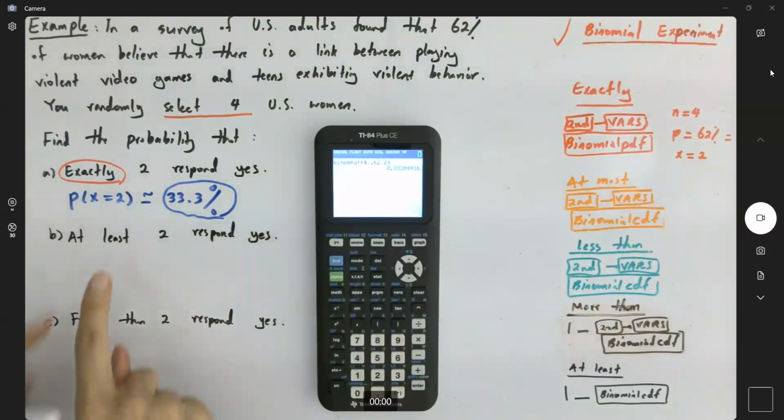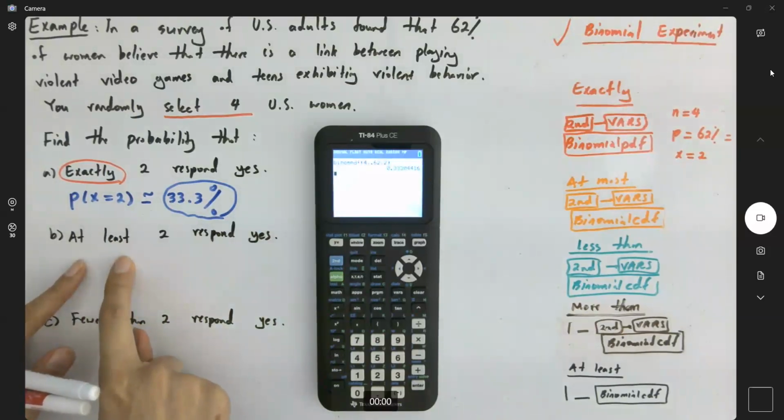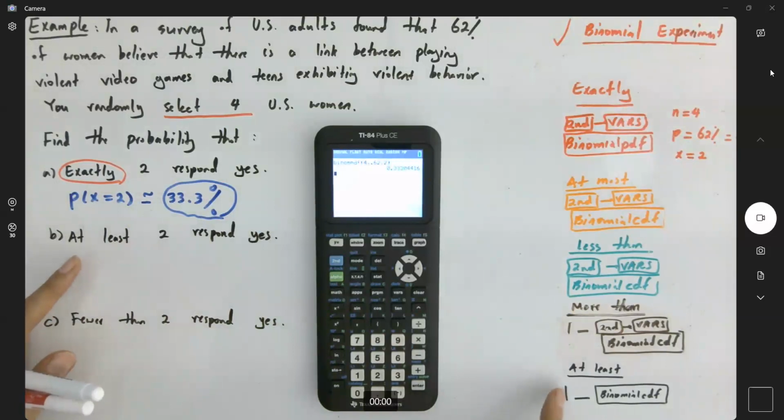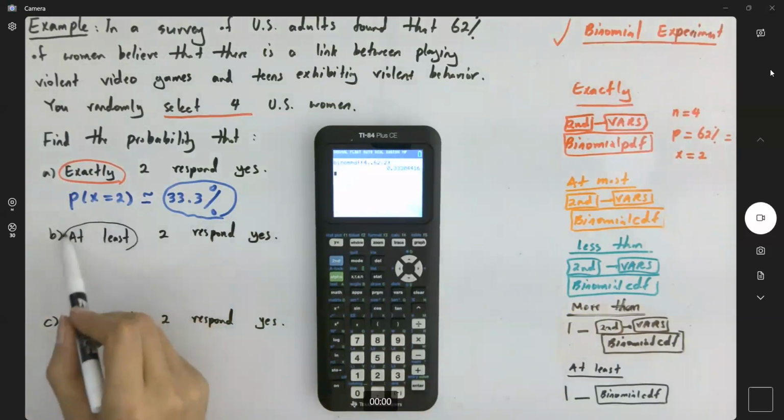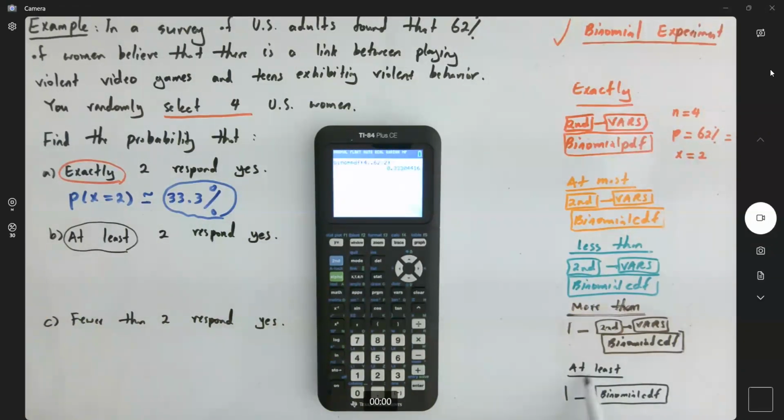The next one, at least. Remember that for each one of the keywords that you're using, you have a functionality. For at least, what's the meaning of that?